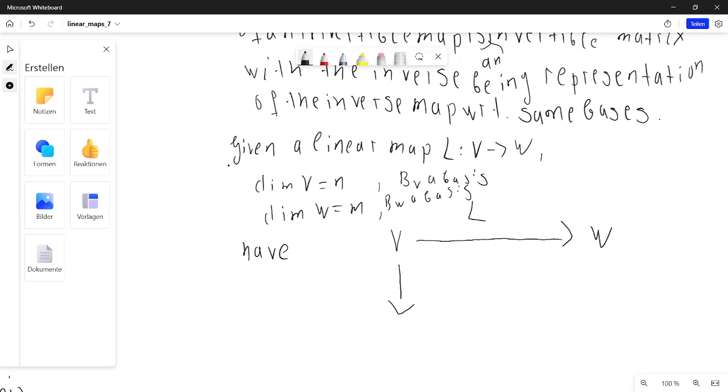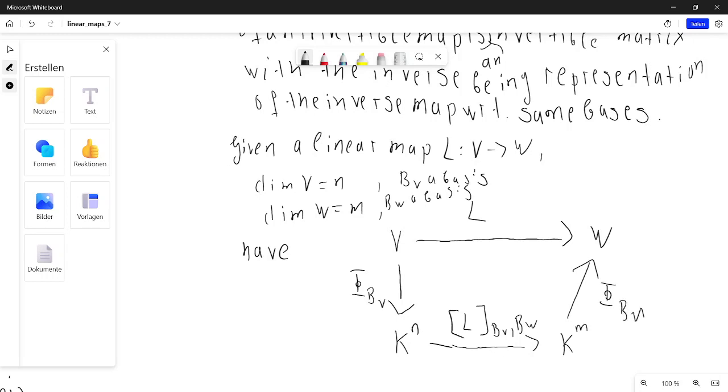We could go via K to the power of N via the coordinate map, phi BV, and then we could go by our matrix to the space K^M, and that is our matrix representation of L, BV, BW, and then we could go via the inverse of the coordinate map phi BW minus 1 back to there.